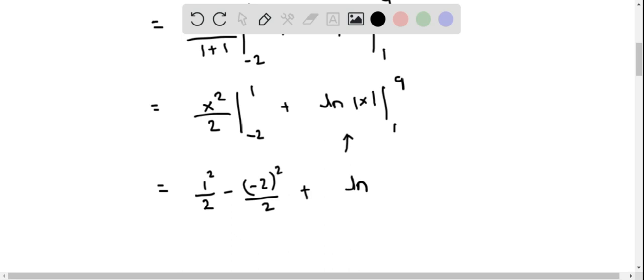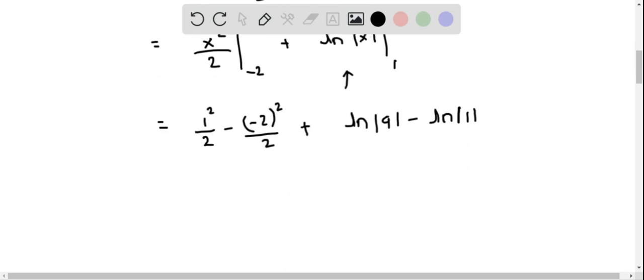So this becomes the natural logarithm of the absolute value of 9 when you apply the upper limit, and then the natural logarithm of the absolute value of 1 when you apply the lower limit. So let's simplify this. 1 squared is 1, so 1 divided by 2, minus (-2) squared, which is 4, so it is 4 by 2, which is 2.